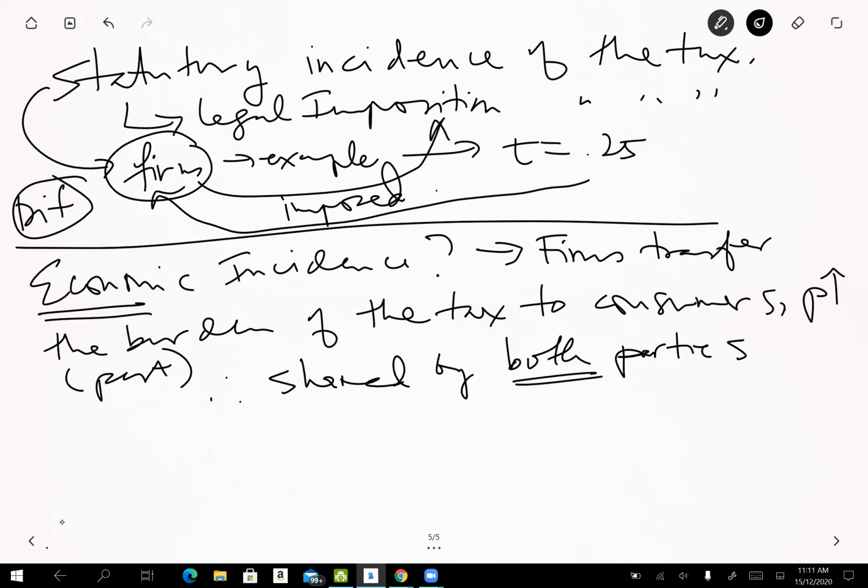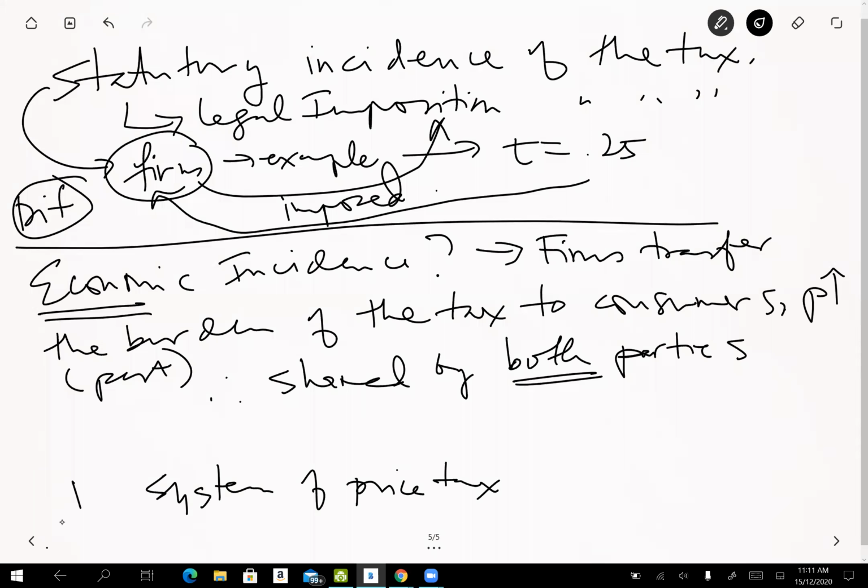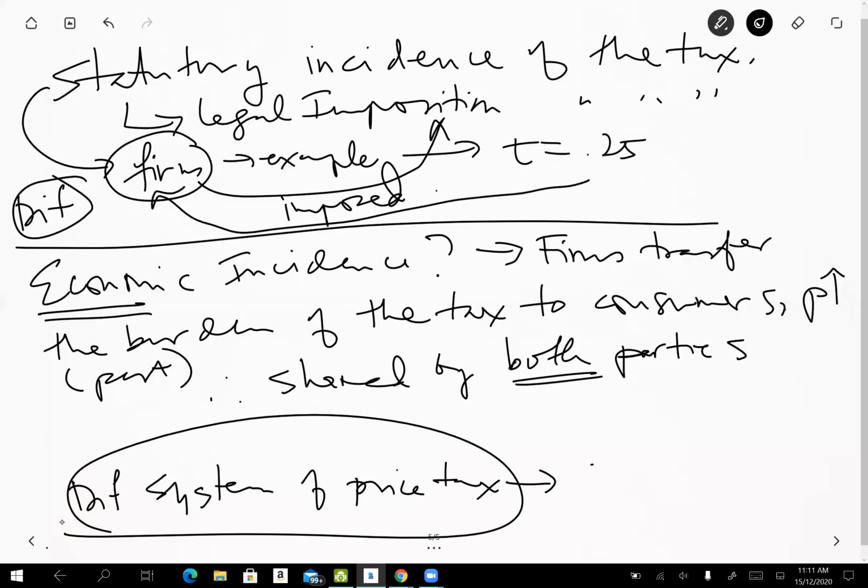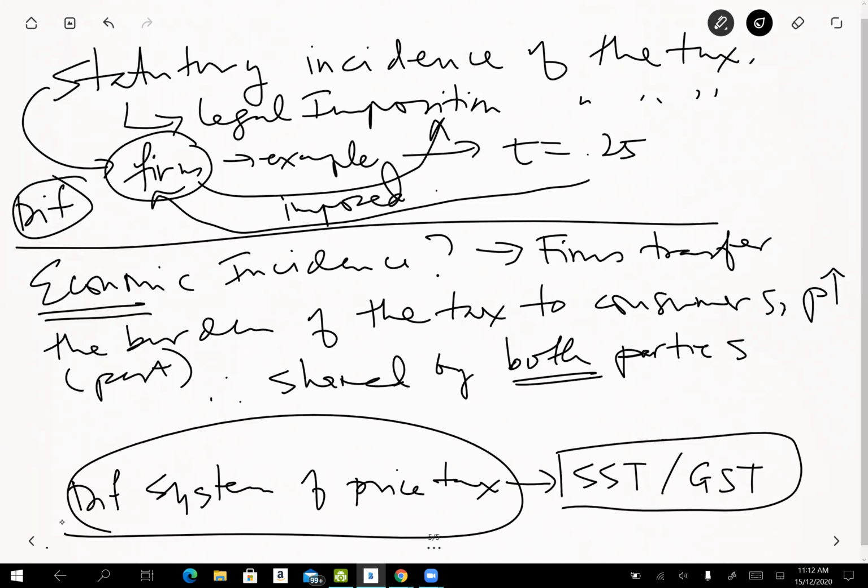GST and SST are different systems, different systems of price tax. So that is not as easy as what we are doing now. If you want to look at the difference between the SST and the GST, I cannot do it now because we just learned a little bit about the tax concept. We can make the comparison after we finish chapter number 11.